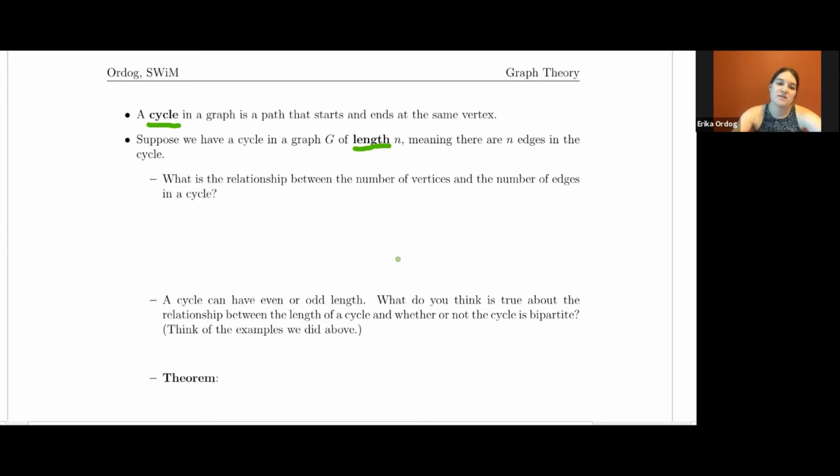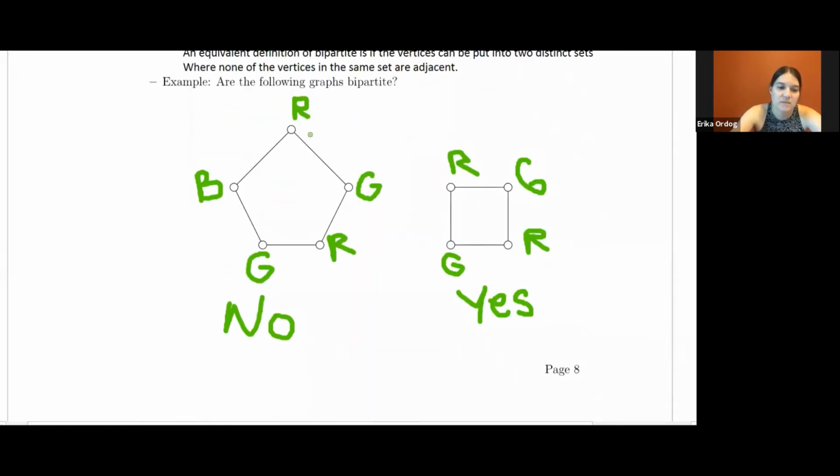So after you've paused and thought about that, we can see in these examples here, this cycle that has length 5, it has 5 vertices. This cycle of length 4, it has 4 vertices. And so for a cycle of length n, it will have n vertices. You can see that because we can identify each edge with the vertex it starts with.